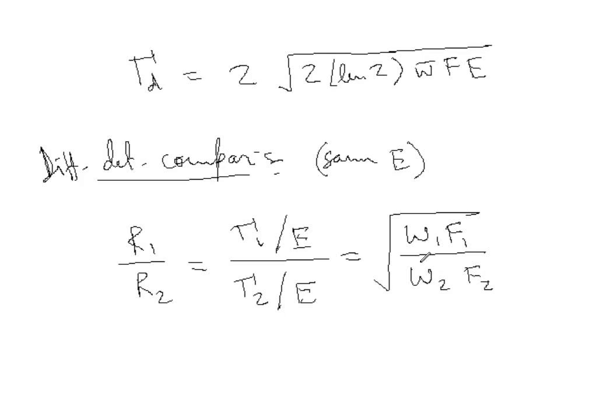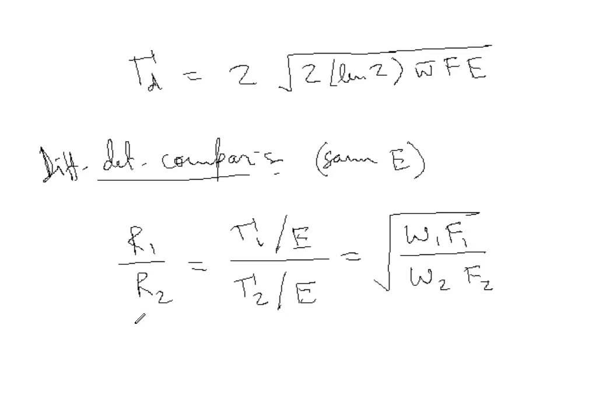One very important piece of information that we can obtain is that the resolution is better for the detector with smaller average energy needed for the creation of charge carrier pairs and also a smaller Fano factor.